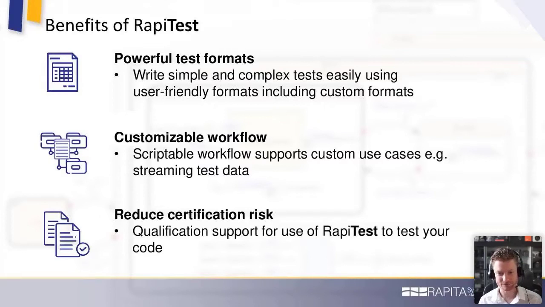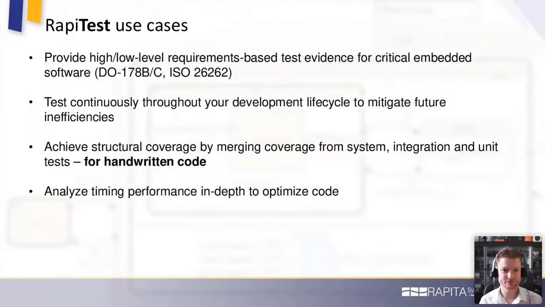And finally, to reduce certification risk, all of our tools come with a qualification kit for DO-178C, which will take you all the way up to the highest level of criticality for DAL-A systems. So the main use cases of RapiTest are providing verification evidence and automating it so we can complete testing through the life cycle.